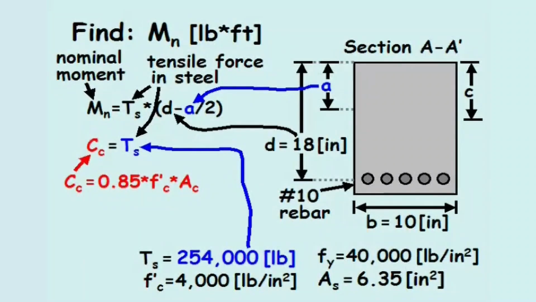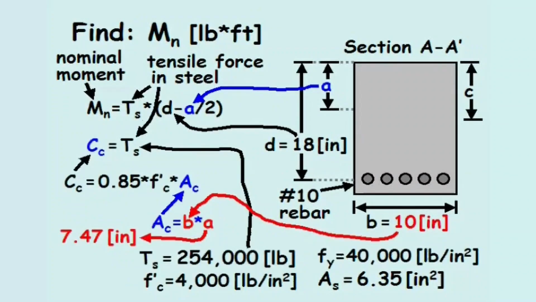The compressive stress in the concrete is provided in the problem statement as 4,000 pounds per square inch. The area of concrete in compression equals B times A, where B is the 10-inch base width of the beam and A is calculated to be 7.47 inches.